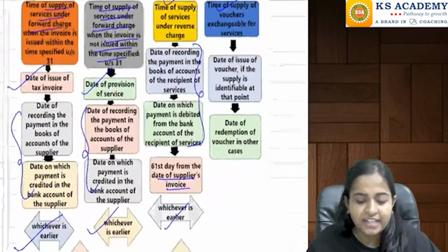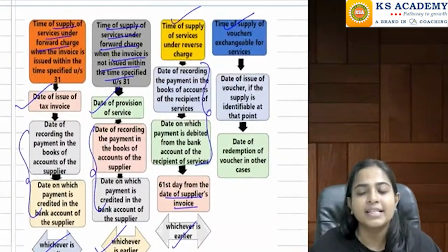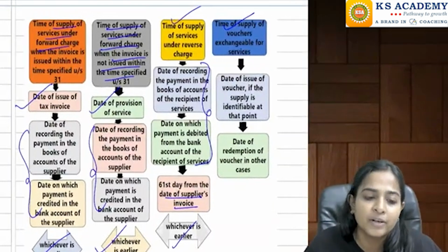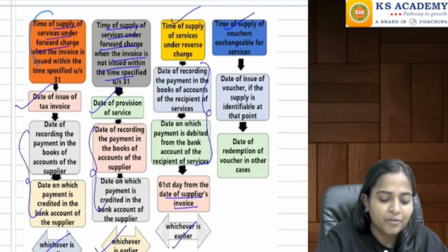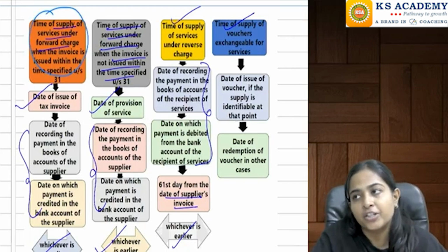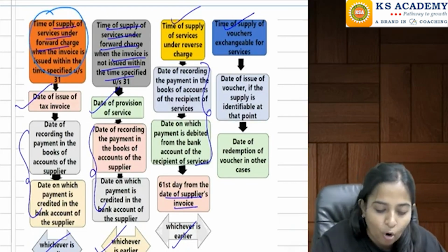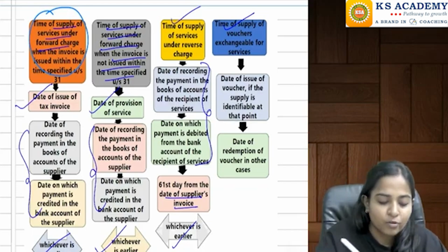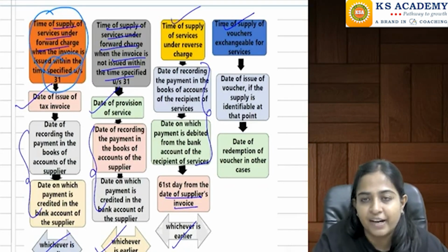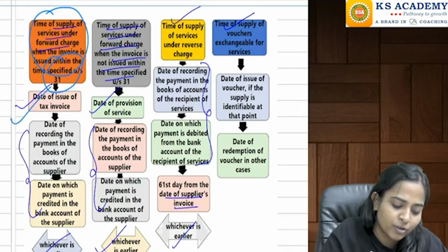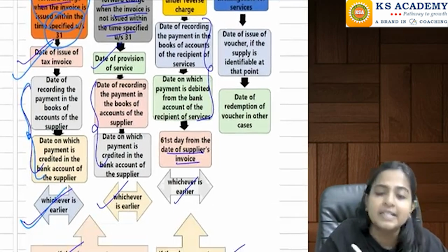Okay, final summary table. Can we do it once, everyone? Now, normal time of supply of services under forward charge. Under forward charge, we have to check first of all whether the invoice was issued on time or not. If the invoice was issued within the time specified, then the date of invoice or date of payment, whichever is earlier.